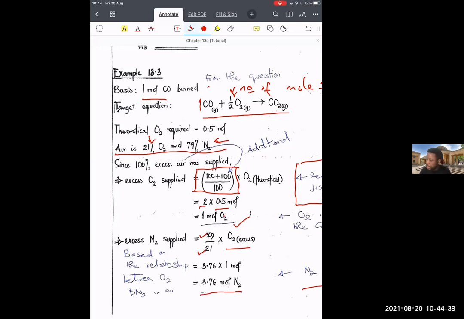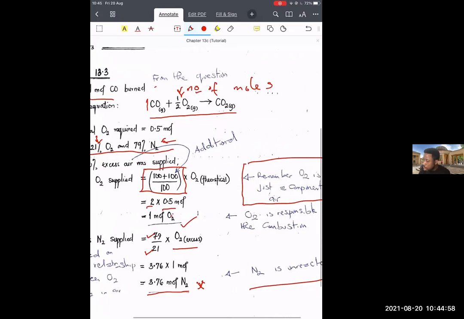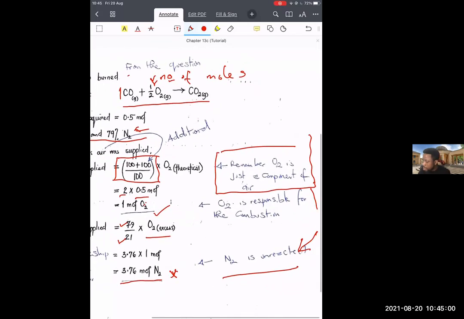In terms of the reaction taking place, this is not reflected in the equation. However, if you look at everything we've been given, nitrogen is involved as well. The only thing now is the nitrogen is unreacted. Please take note of that.